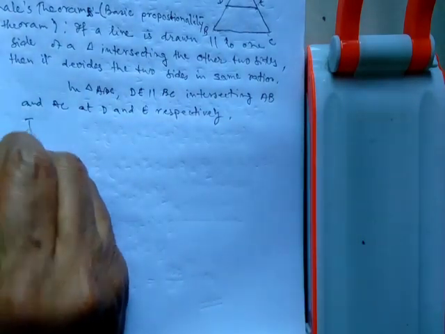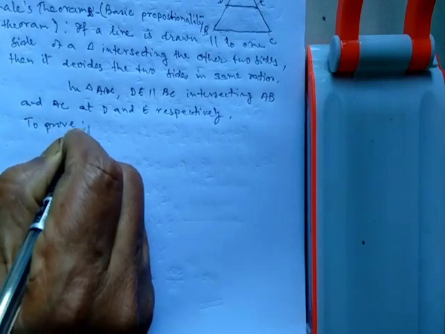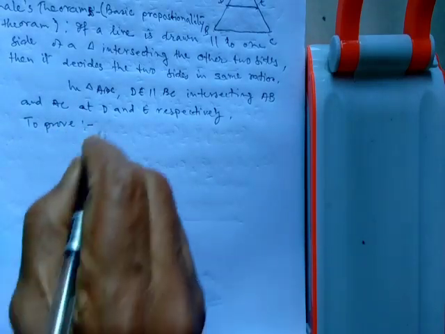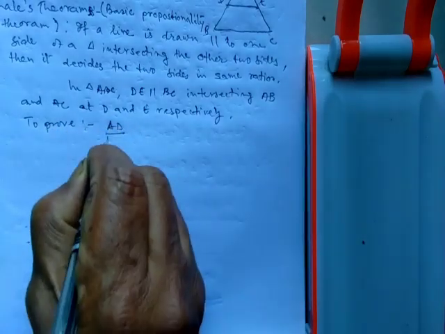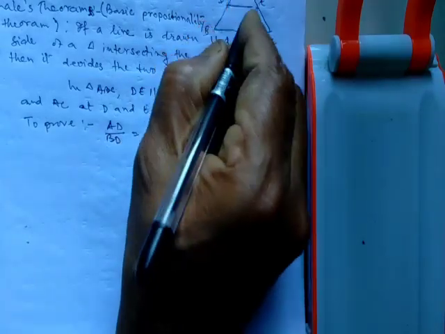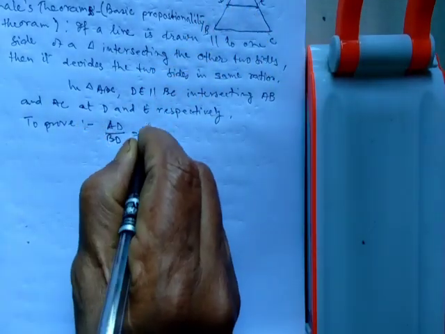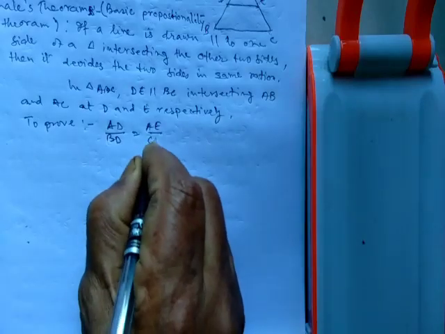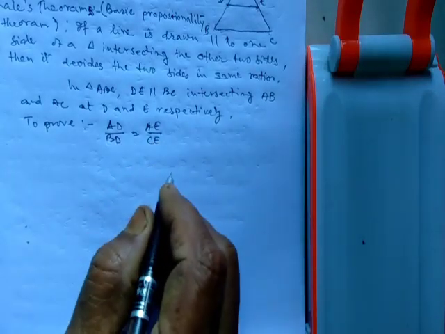What we have to prove is AD by BD is equal to AE by EC. This is what we have to prove.